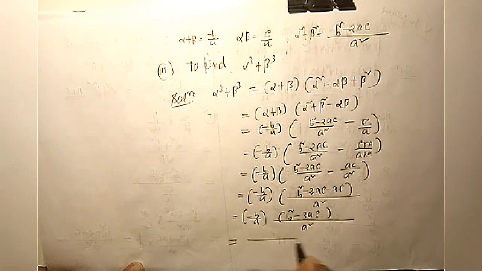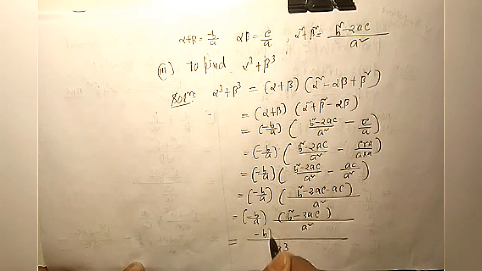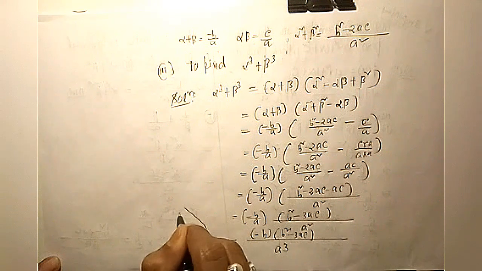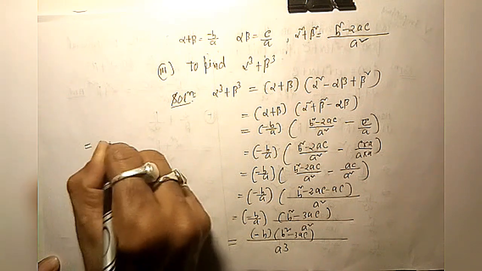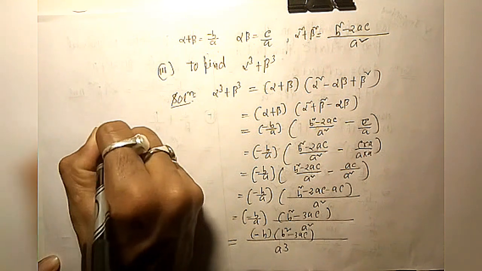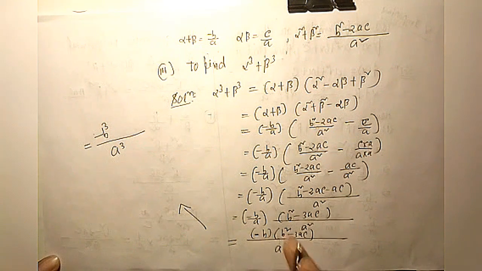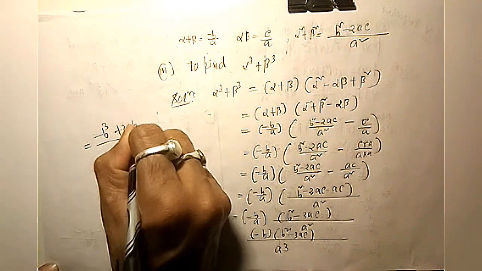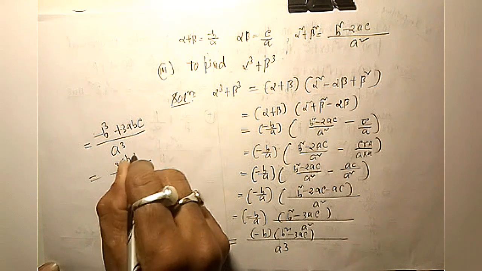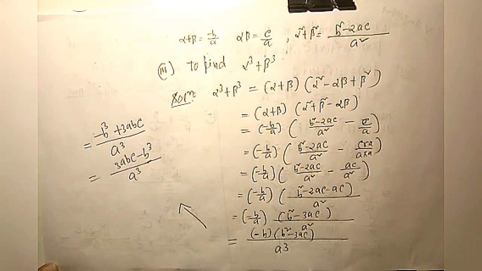So a into a square becomes a cube: minus b bracket b square minus 3ac by a cube. So minus b into b square is minus b cube, minus b into minus 3ac is plus 3abc, by a cube. So 3abc minus b cube by a cube.